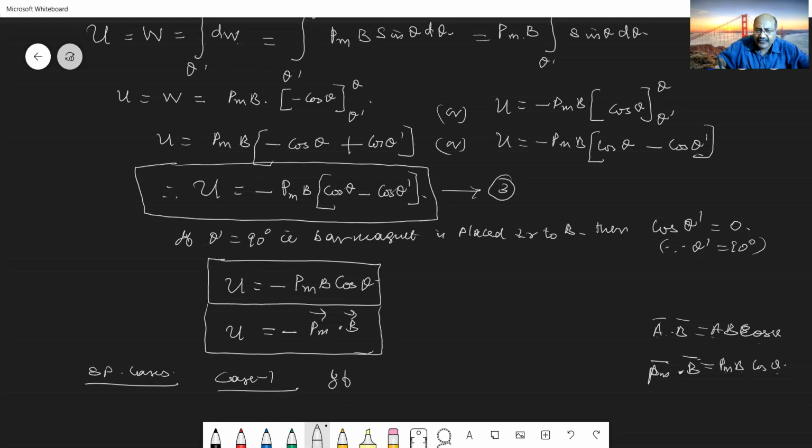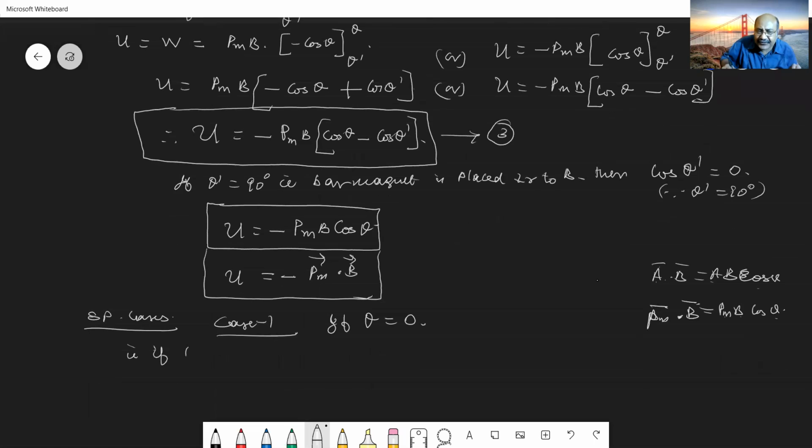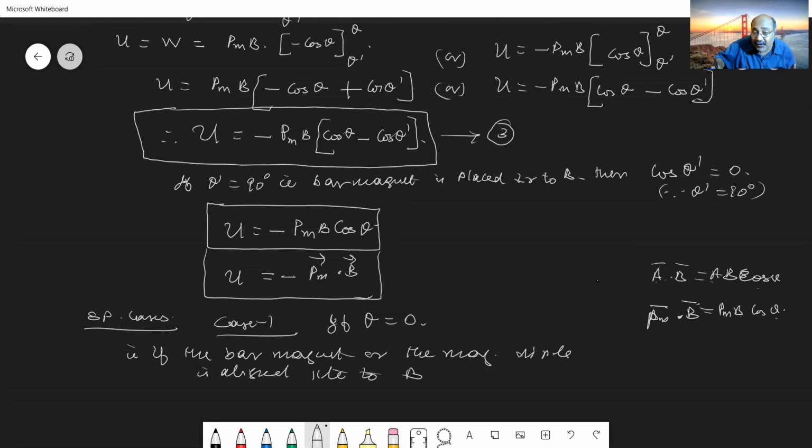If theta is equal to 0, that is, if I rotate the magnetic dipole in such a way that the Bohr magnet or the magnetic dipole is aligned parallel to the magnetic field B, then we get theta equal to 0. So cos theta is equal to 1.